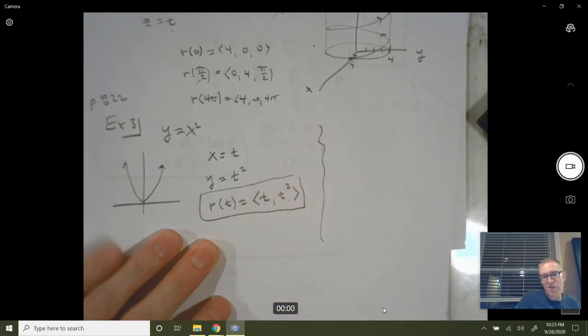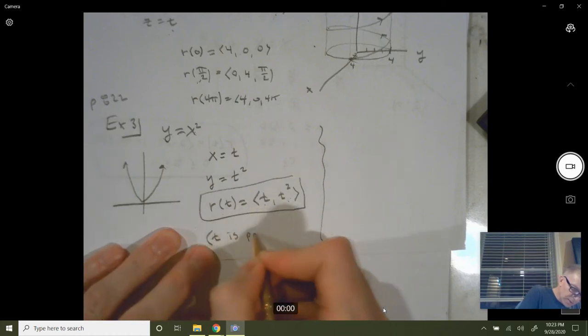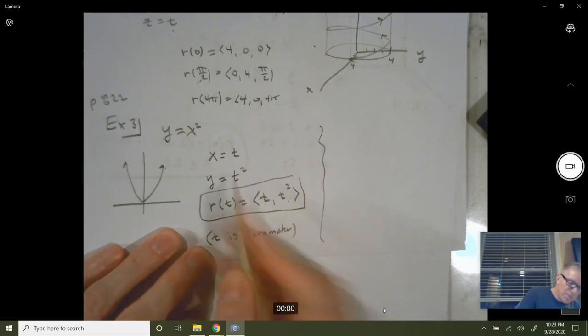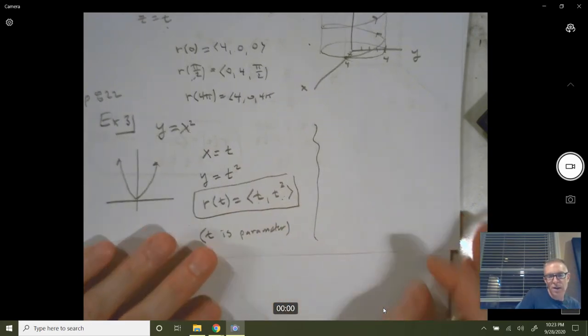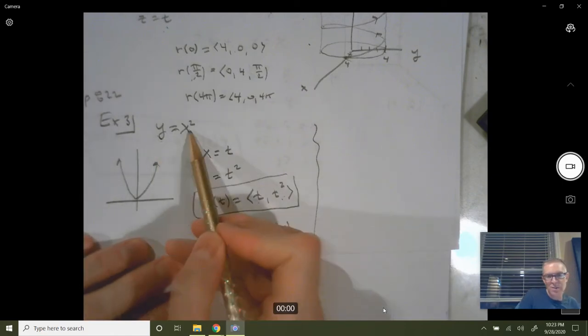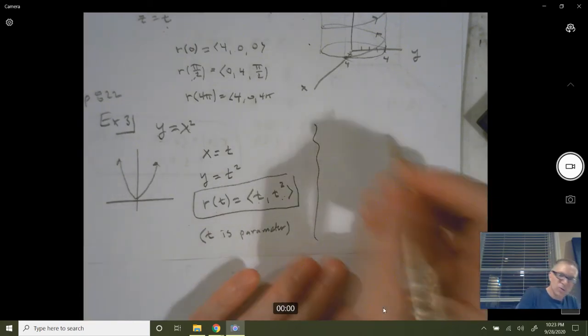If you want to make t your parameter, notice here t is the parameter, meaning you had to get x and y both in terms of t. But sometimes, since y is already defined as a function of x, it's simpler to just say that x is my parameter. There's no reason you can't do that.